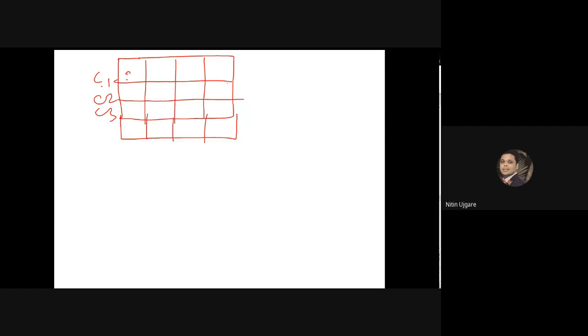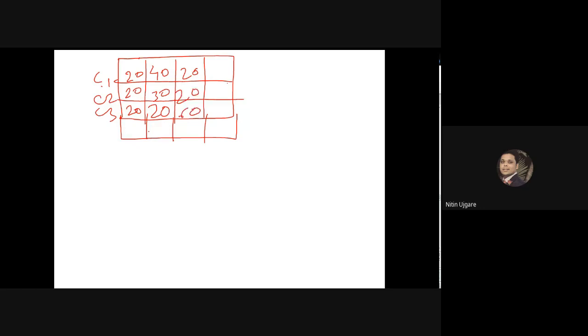The first row given to us was 20, 20, 20. Then it was 40, 30 and 20. And the last row has the values 20, 20 and 60.